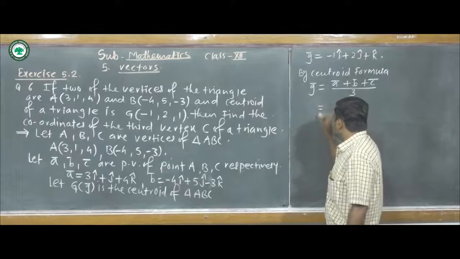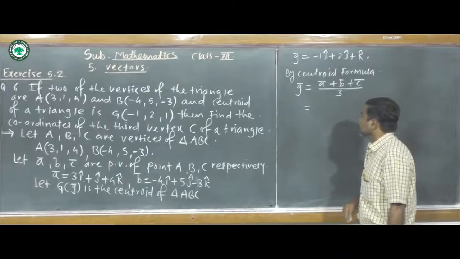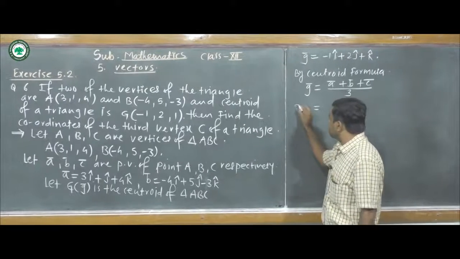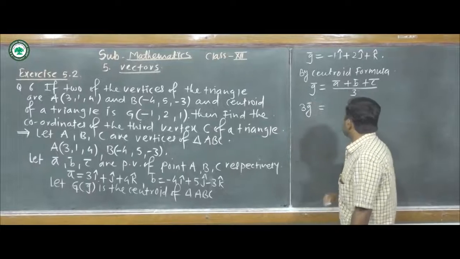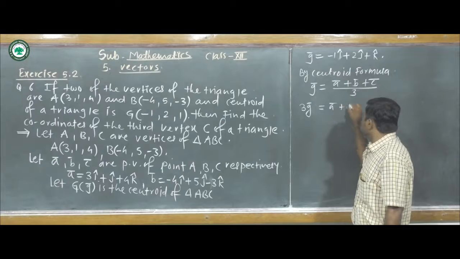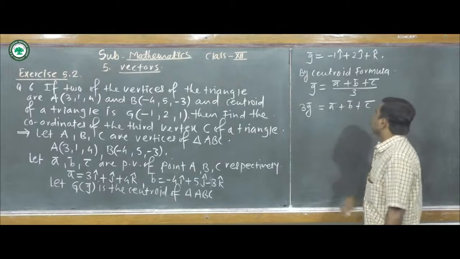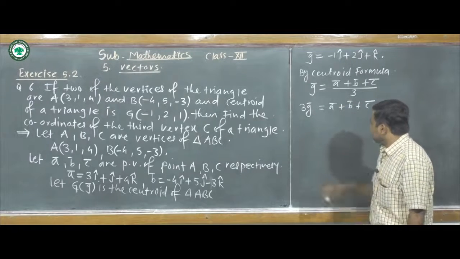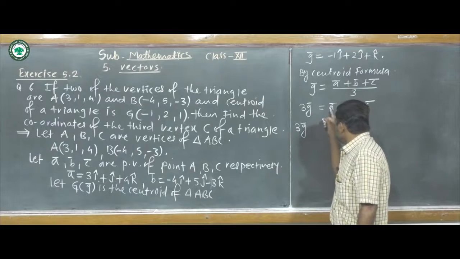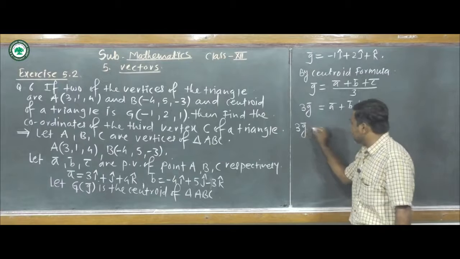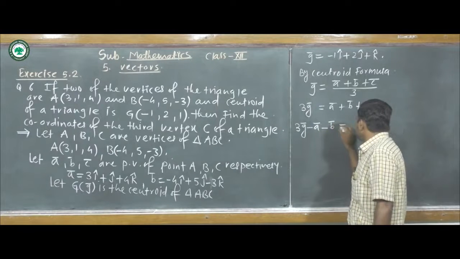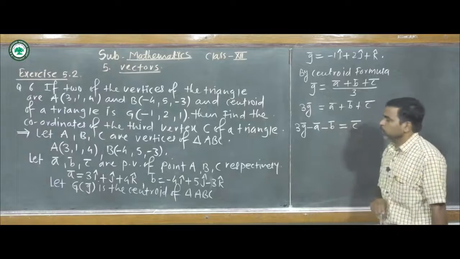Now if we shift this 3 to the other side, 3 into g bar is equal to a bar plus b bar plus c bar. Shift a bar and b bar to the left hand side: 3 g bar minus a bar minus b bar is equal to c bar.